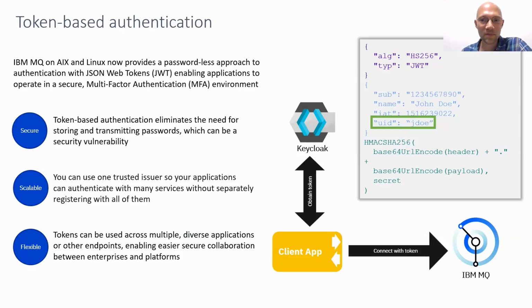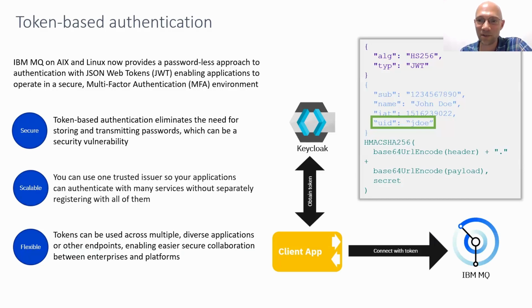But what you can do when you have a queue manager that's configured to do this is that the client application can obtain a token from some kind of centralized token issuer. We've got Keycloak, for example, in this picture. There are many others available. And that token is different to a password in that it can be time limited in its validity. It's a less sensitive piece of data.